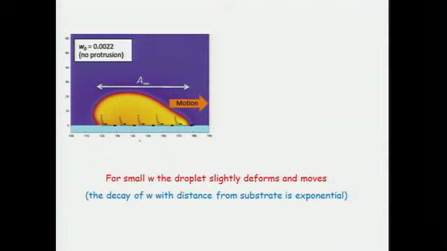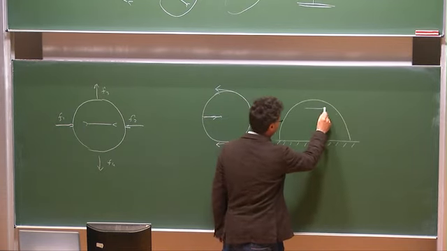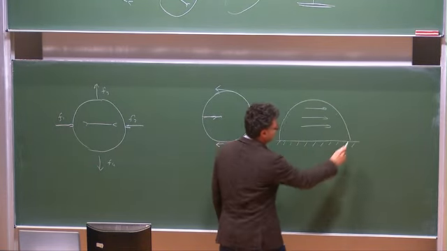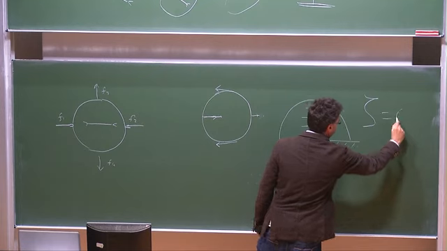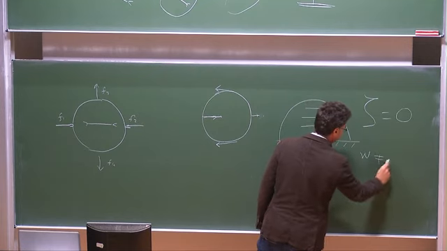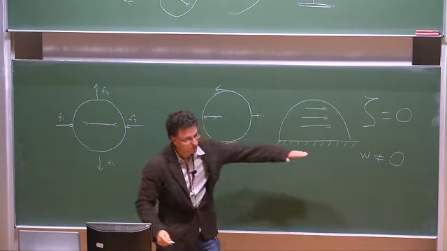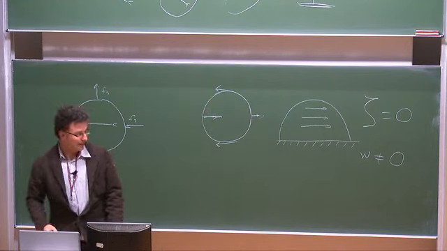The situation is like this. You've got your substrate, and you've got a polarized droplet. And now zeta is equal to 0, but W is not. So this thing can move just by treadmilling.